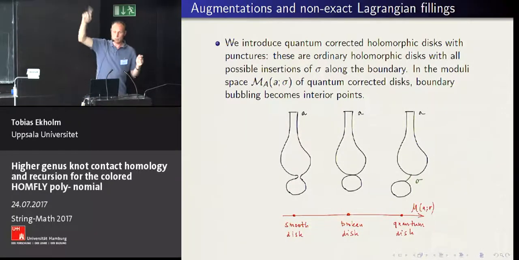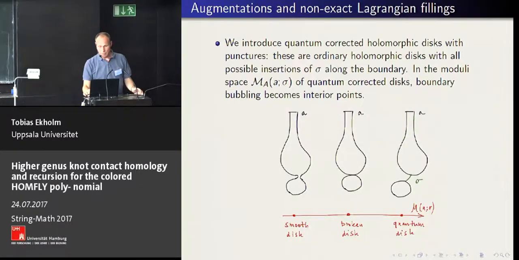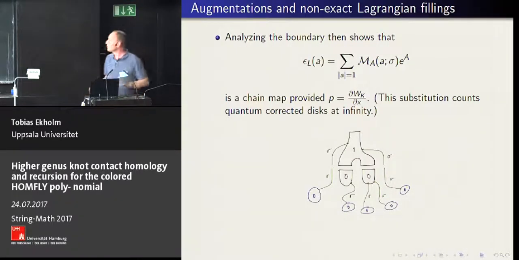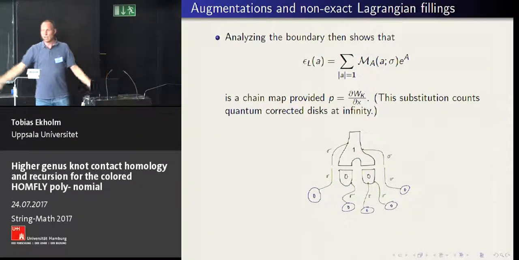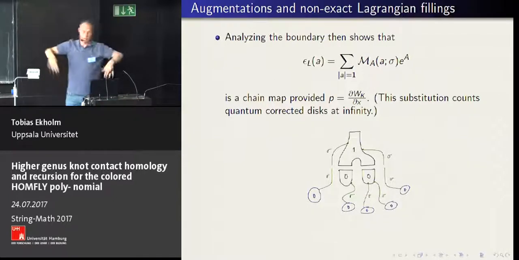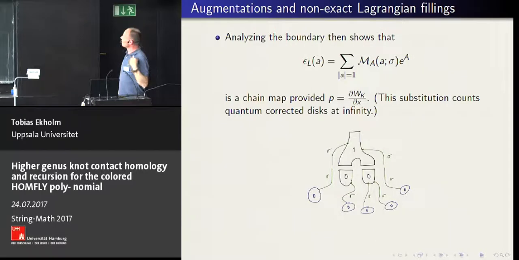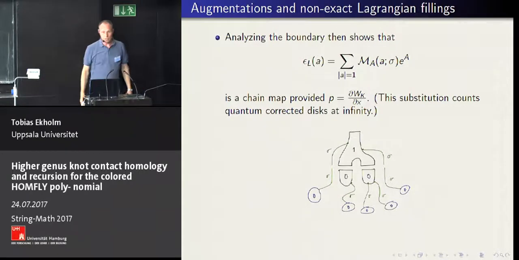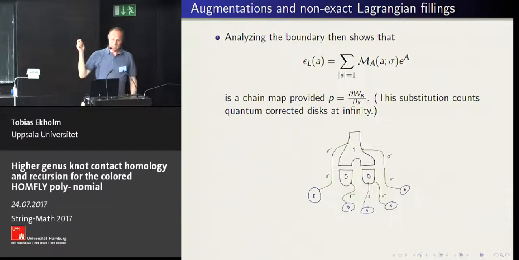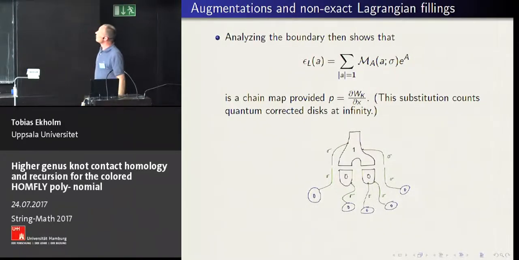Namely, we have to count not just disks, but disks with all possible insertions. But once we do that, then this interior boundary is removed, and now the boundary is just again the vertical splitting. And so we see that our old formula that worked nicely in the exact case works also in the non-exact case, provided we count not just disks, but disks with insertions of these obstruction chains.